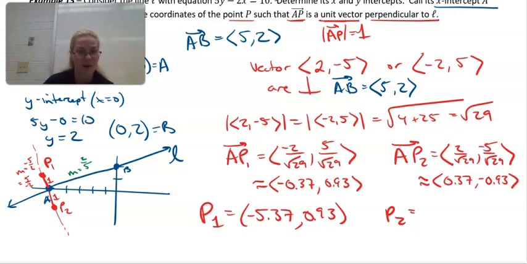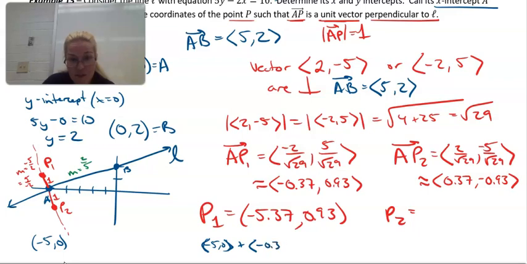We take the ordered pair A, which is negative 5, 0, and from there I would want to draw this vector. I'd want to go backwards 0.37 and up 0.93. So really it's negative 5, 0 plus negative 0.37, 0.93. And that's going to give you that ordered pair for P1.